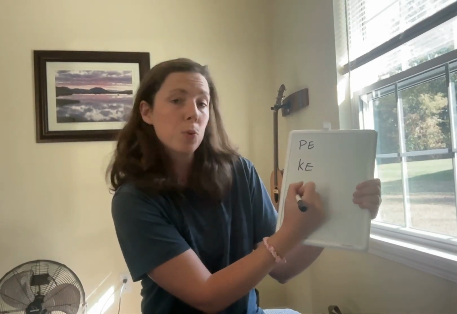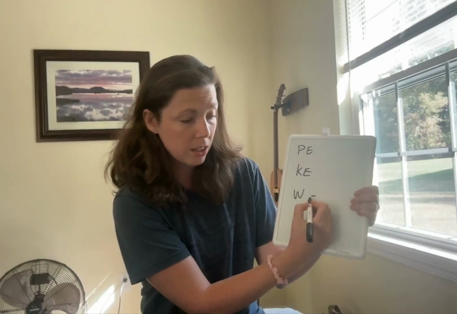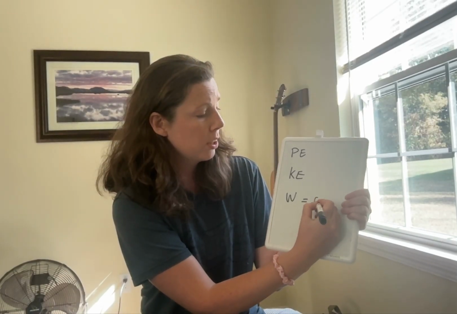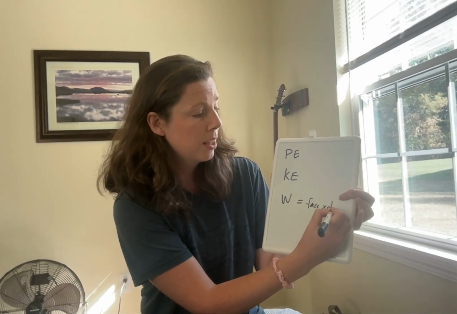How do we define energy? That's kind of an ambiguous term, but in science, everything has a definite definition. And so energy is the capacity to do work. And that means that we also need to define work. So what is work? Work, which we can represent as a W, is equal to force times distance.